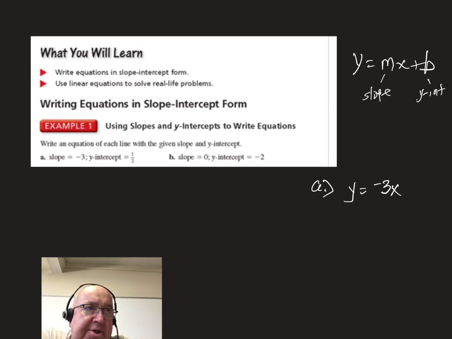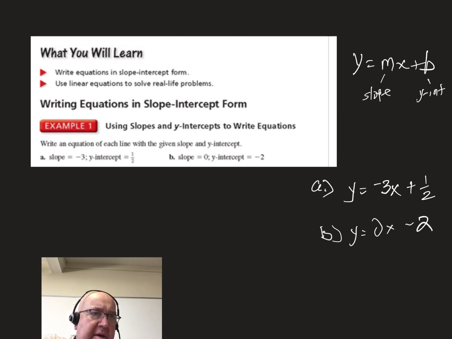Be sure to include your x every time, and our y-intercept is 1/2. For b, we're going to go y is equal to 0x minus 2. We can just eliminate the 0x. This is a horizontal line, y equals negative 2.